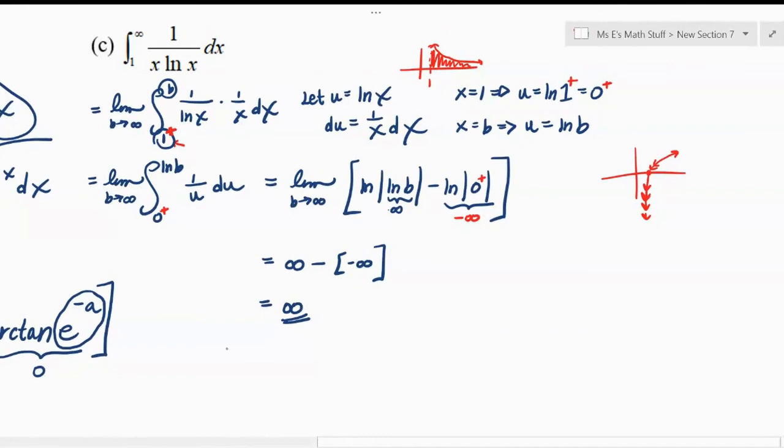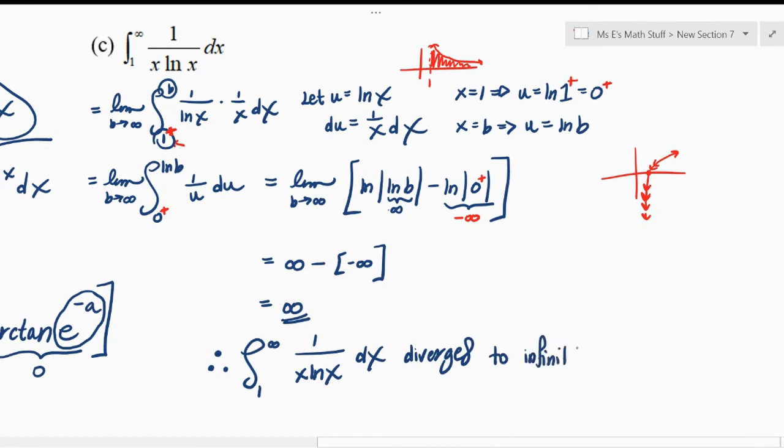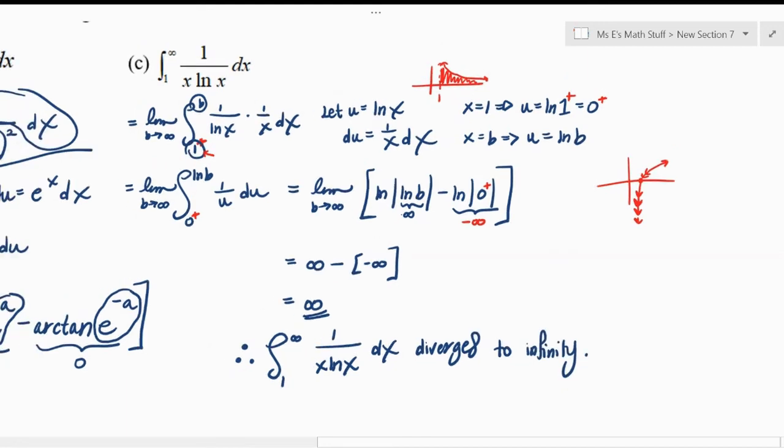There we go. So we could conclude that the integral from 1 to infinity of 1 over x times the natural log of x dx diverges. And you could just say diverges, but in particular, it diverges to infinity. There we go. Whew. All right.